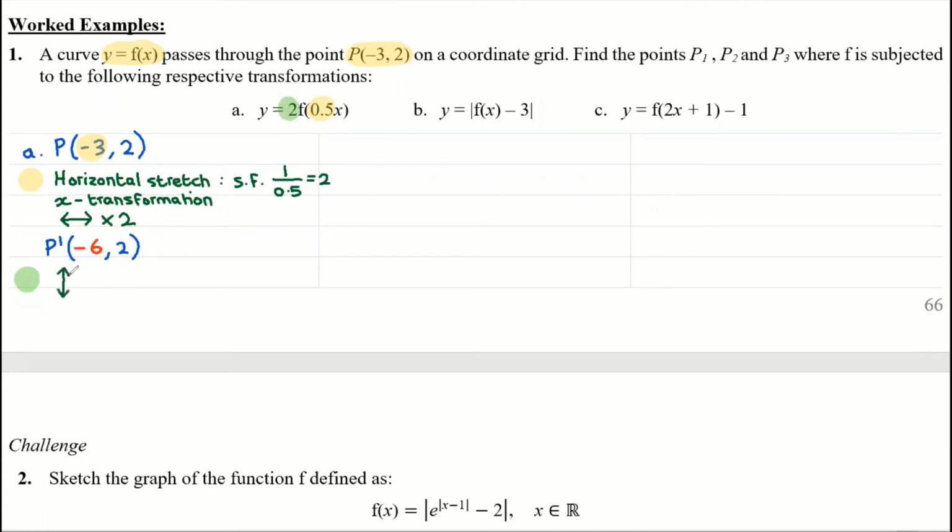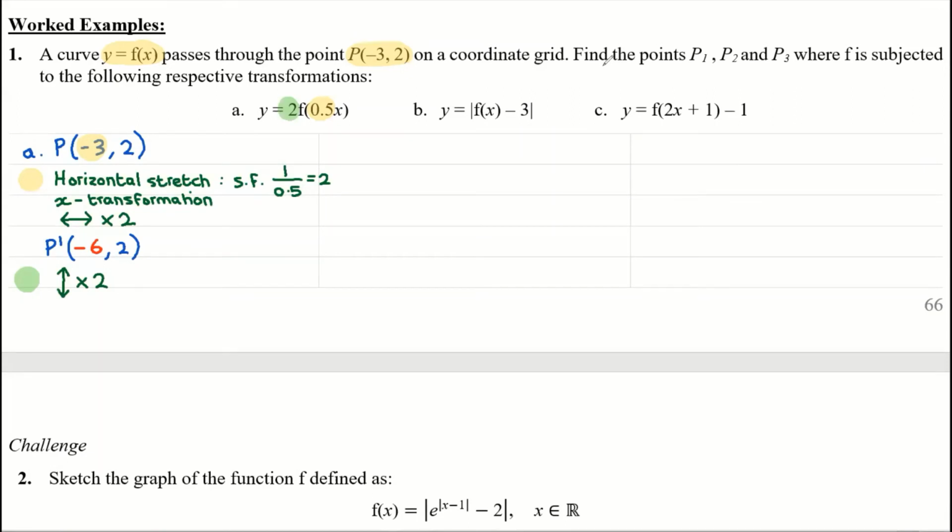And we just have to decide what's going on. Well, the outside of the function, we have inside opposite, but outside is the same. So because the whole thing is being multiplied by 2, that's exactly what we do to our y coordinates. Okay, so this will give us our P1, okay, as requested in the question.